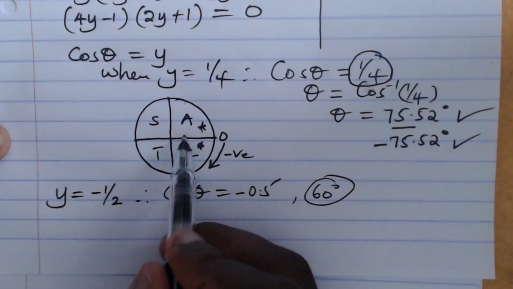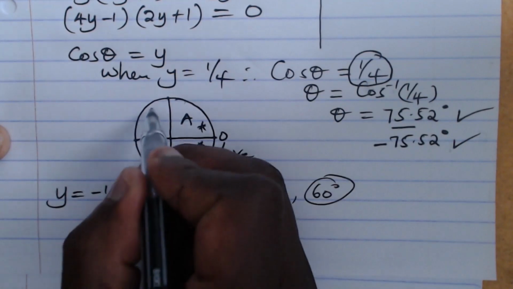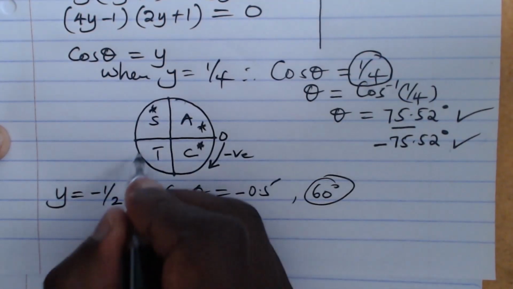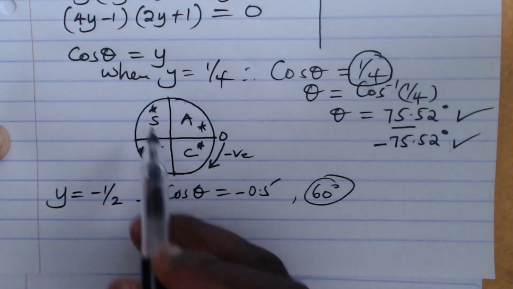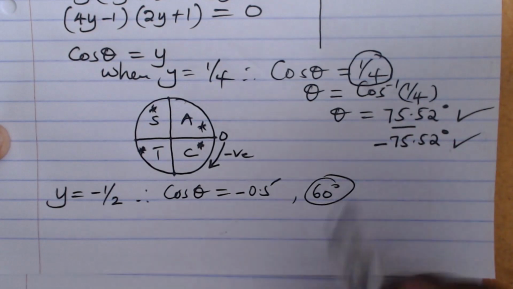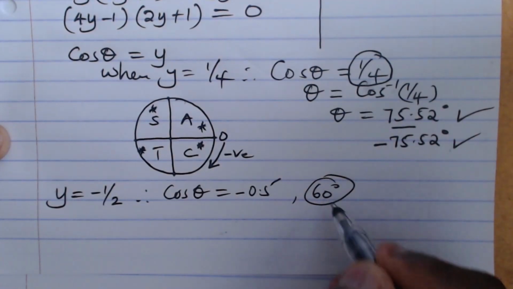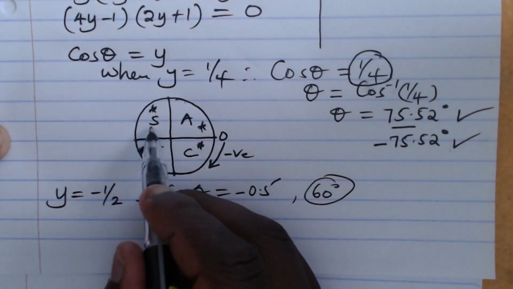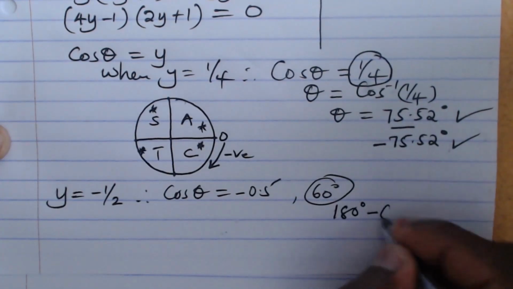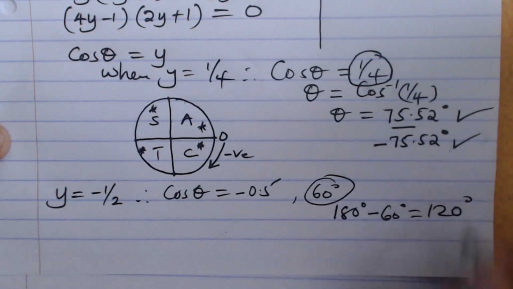Cosine is negative in the second and the third quadrants, because in the second quadrant only sine is positive, and in the third only tangent. So the acute angle you're going to use is 60. How do you get the angle in the second quadrant? We take 180 degrees and subtract 60, which gives us 120 degrees.